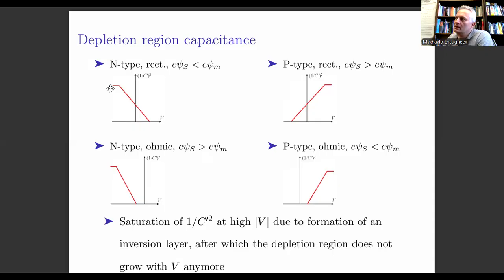Recall our last lecture on the solution of the Poisson-Boltzmann equation. When the inversion layer starts forming, further increase of the voltage magnitude results in an increase of the concentration of minority carriers in the inversion layer. But the depletion region does not grow anymore, which means that the capacitance saturates at some value. So this is the saturation of the capacitance versus voltage curves.